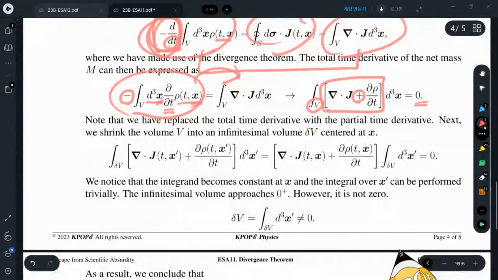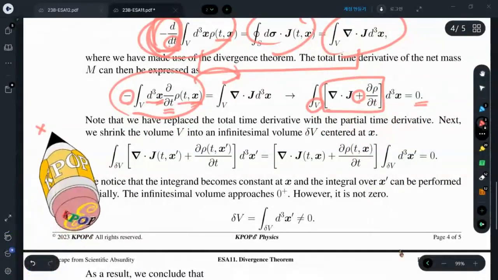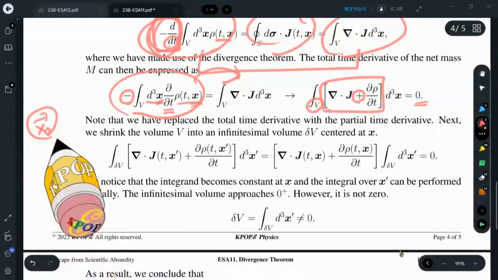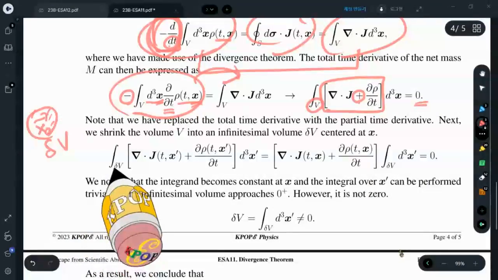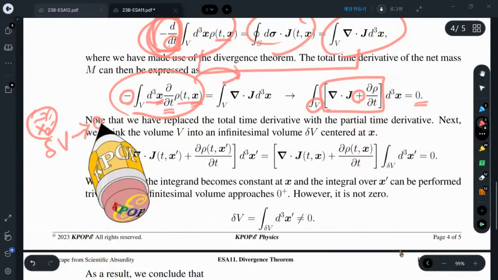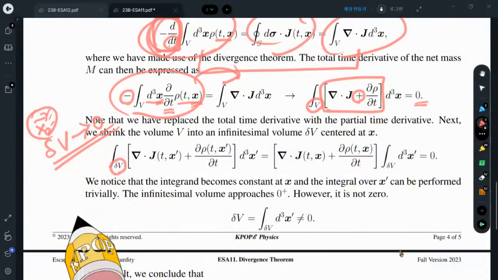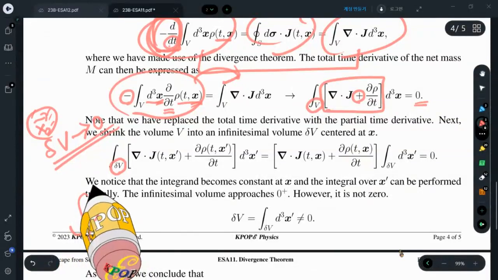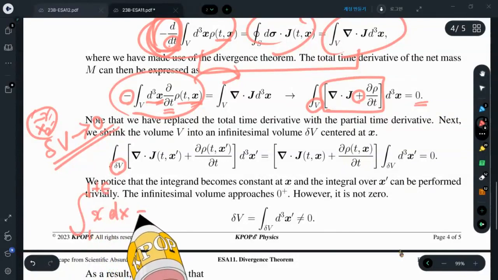I'm interested in the point at a single point. For example, x0. And I would like to enclose this point by a very tiny volume, that is delta V. So I'd like to make this one very, very small. What happens? For example, I want to integrate x over 1 to 1 plus epsilon dx.